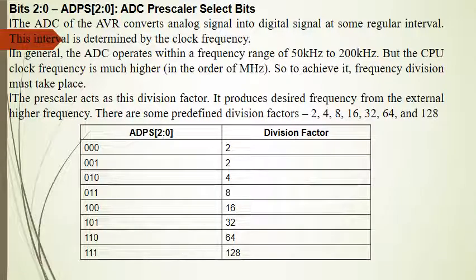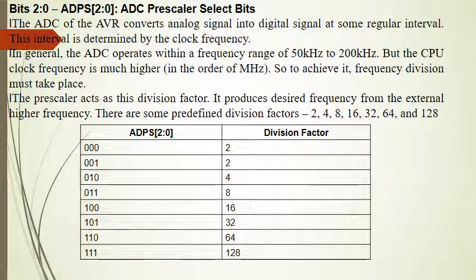If I write 000 in these three bits, it means that whatever the clock frequency of the CPU is, it will be divided by 2 and fed to the analog to digital converter. And the last division factor, as you can see in the table, is if I write 111 in these bits, then whatever the clock frequency is, it will be divided by 128.